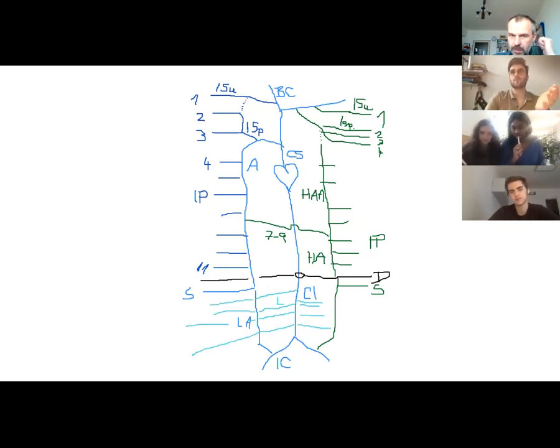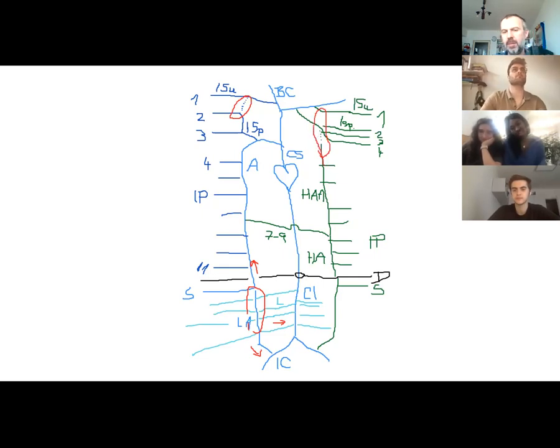The blood flows caudally here, cranially here, medially here, and in this area it is individually different. It can go either up, medially or down. So this is a strange area, and here there can be differences. And of course, the level 7 to 9 is also differing.